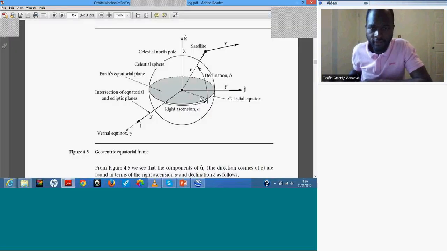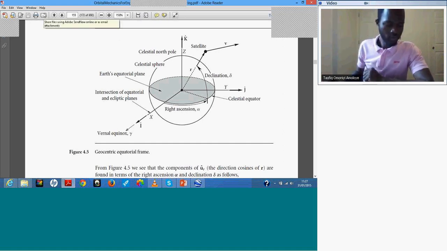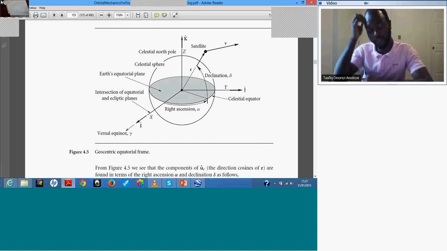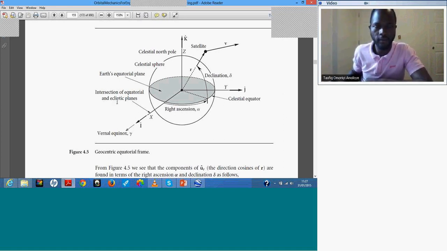So if the component of UR in this plane is cos delta, then the component of UR along this axis will be cos delta cos alpha, and in that direction it will be cos delta sine alpha. This is the direction of the unit vector UR.